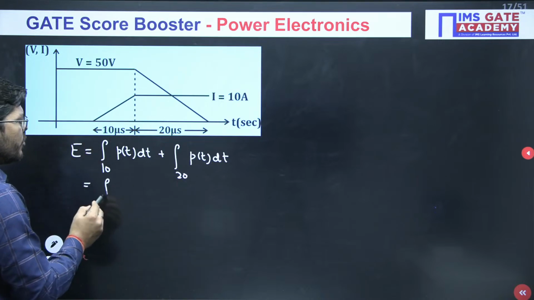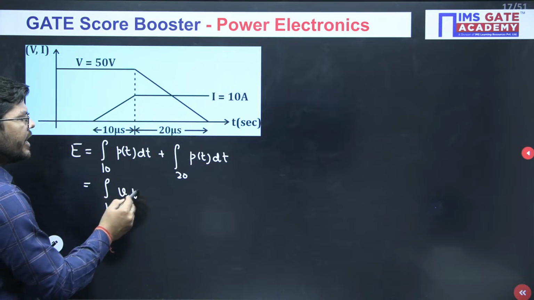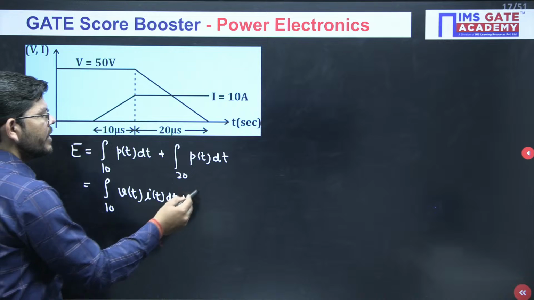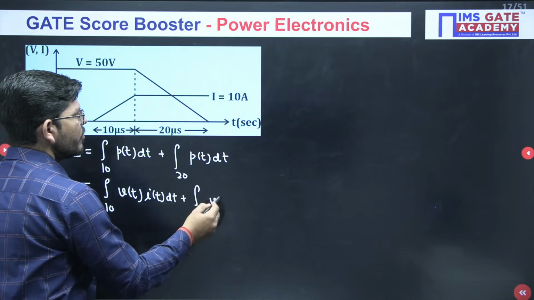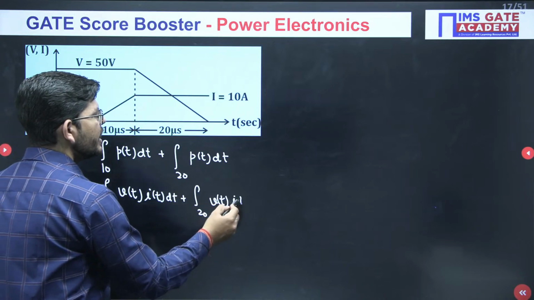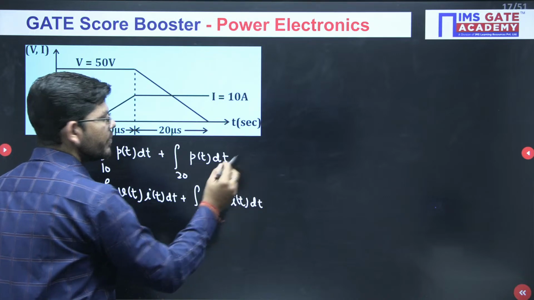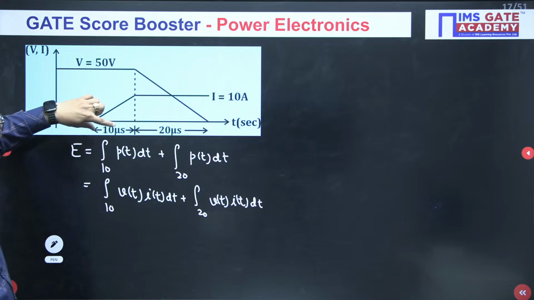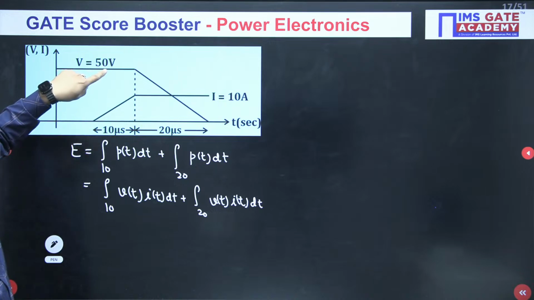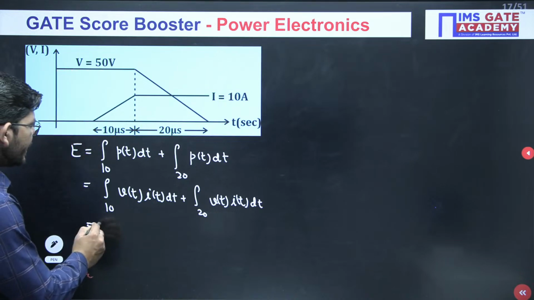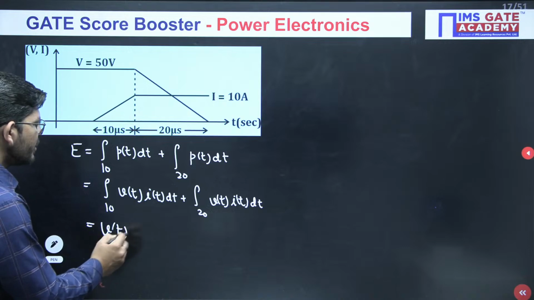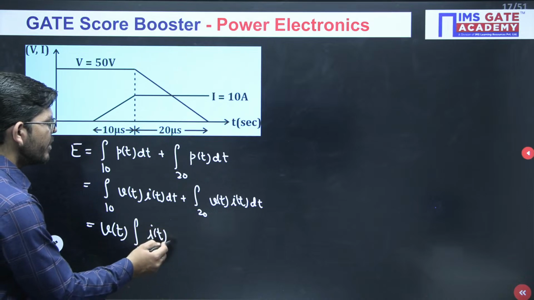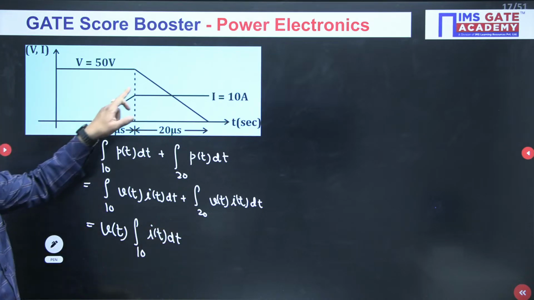Now you know that the energy is the integral of Vt It dt plus the integral of Vt It dt. This is how you can write it. Now just check for 10 microseconds. During these 10 microseconds the voltage is constant, so I can take the voltage out and only the current will be there, because the current is varying.